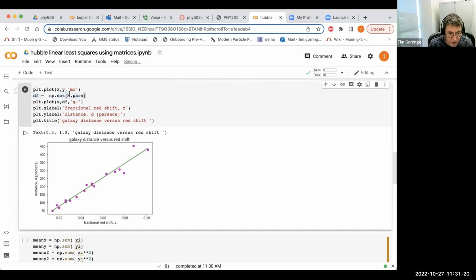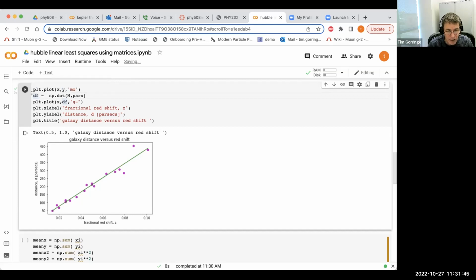It's the product of the matrix M, which contains the independent variables, and the parameters M and C in a little column vector. And if you multiply those two together, then you get the dependent variables. And if I do it for the best fit parameters, I get the best fit dependent variables.